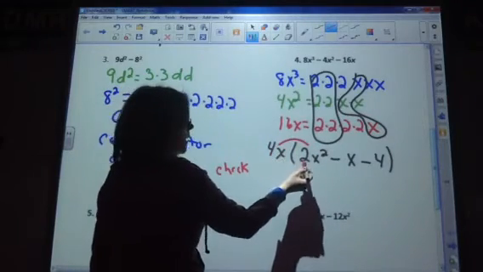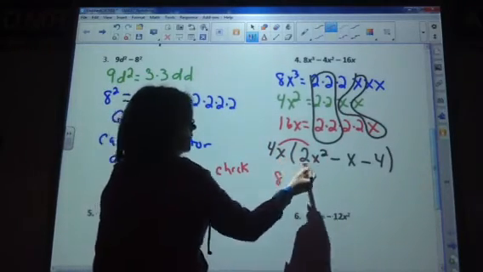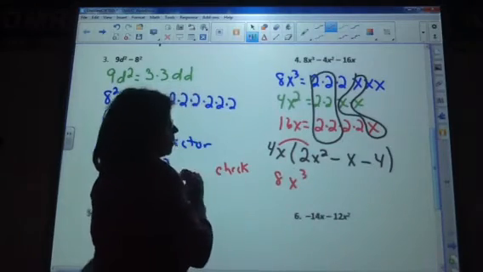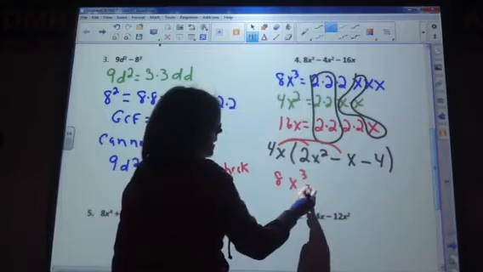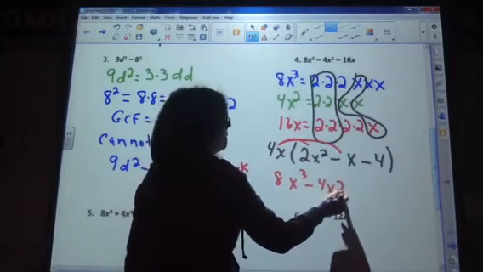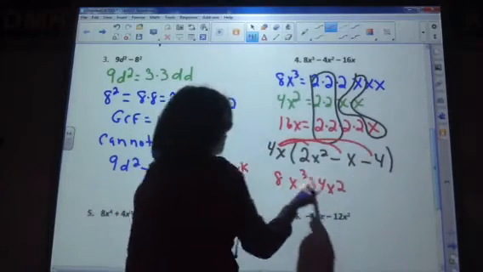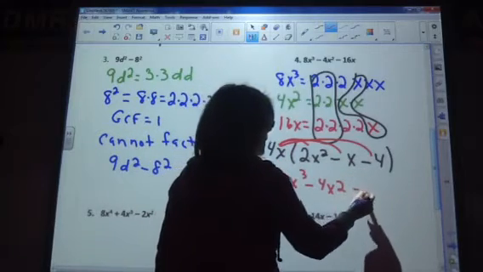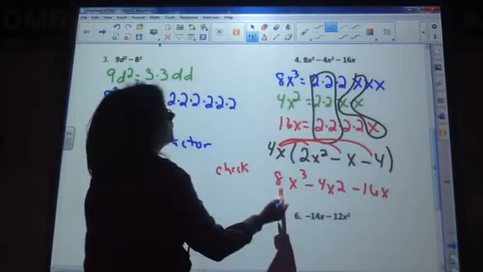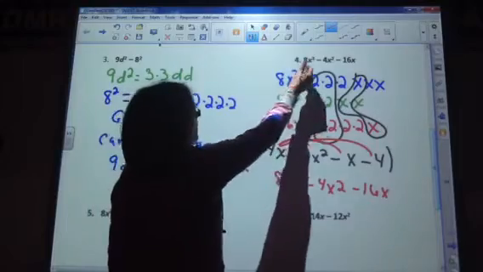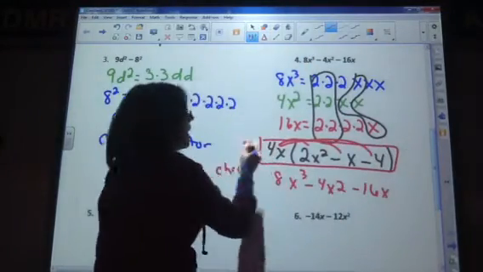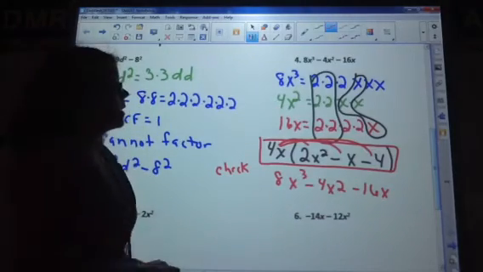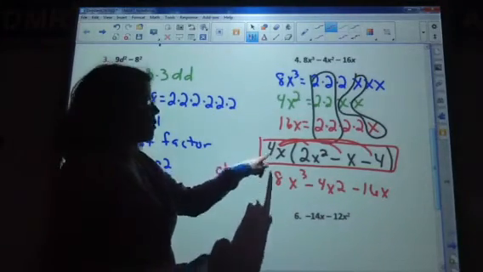So I have 4 times 2, which is 8, x times x squared, x cubed. 4x times a negative 1x is a negative 4x squared. 4x times a negative 4 is a negative 16x. And we're right back to what we had right here. So this here is your answer when you factor that trinomial by pulling out the greatest common factor, which is your 4x.